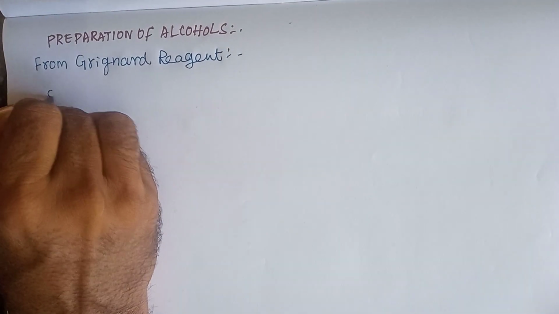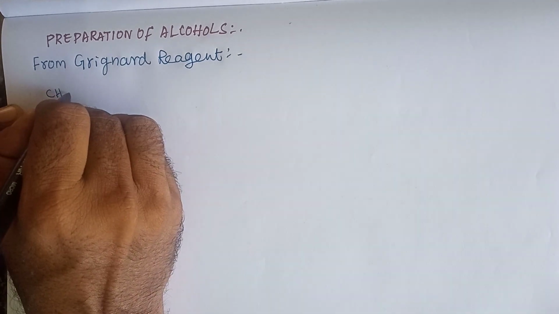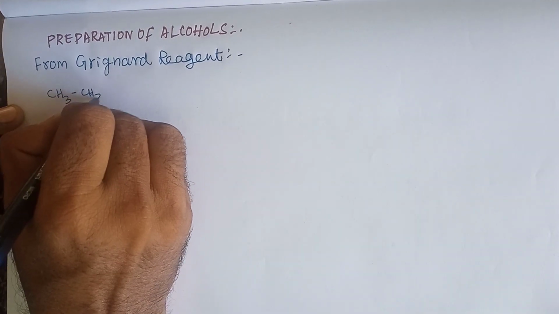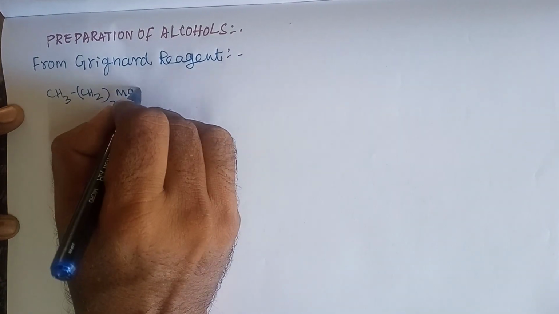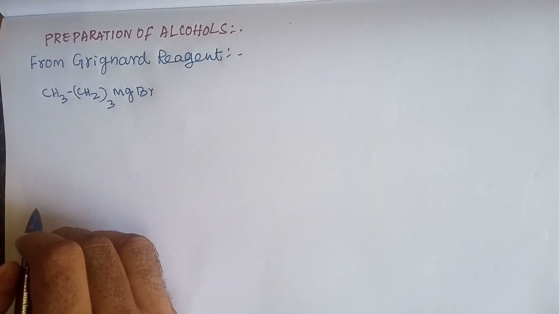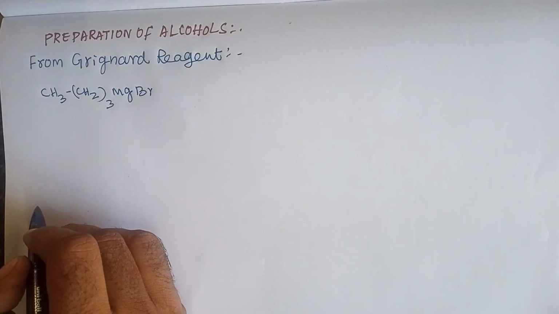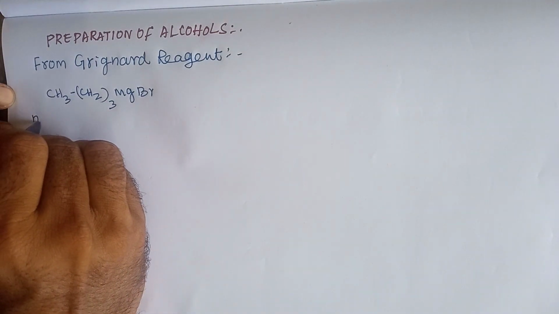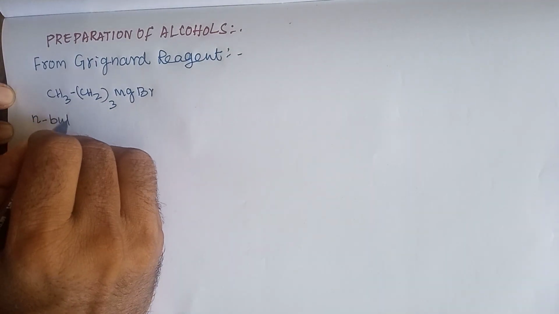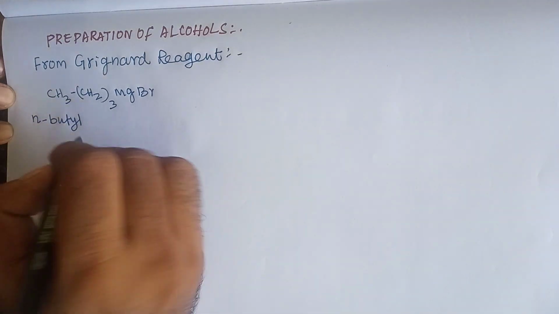Here we are taking CH3, CH2 thrice, MgBr. The name of this compound is n-butyl magnesium bromide, or we can say butyl magnesium bromide.